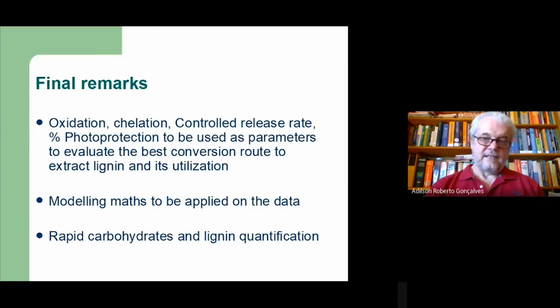The rapid carbohydrate and lignin quantifications were very important when we didn't have normal chromatography analysis to make this evaluation. It is very important to see that we can obtain some of this data with simple and rapid methods.